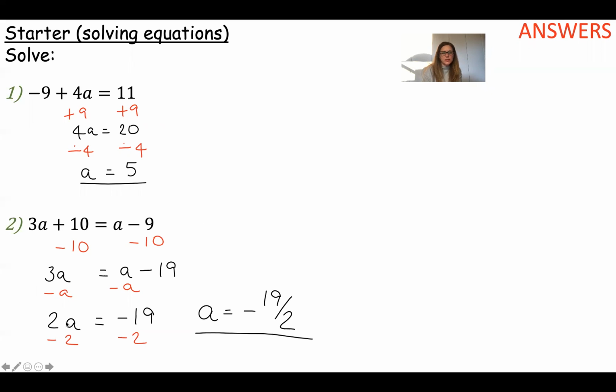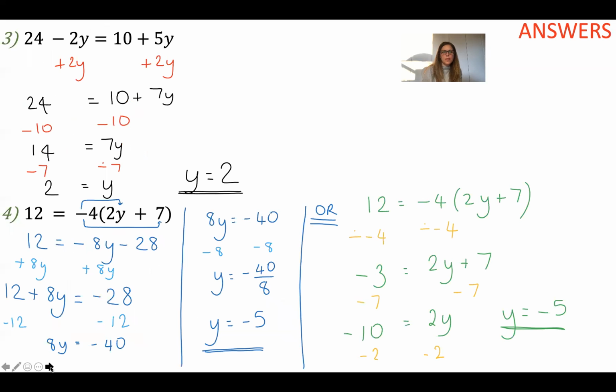That's going to give me 2a equals negative 19. And again, apologies, this is a divide sign. It's not come up clearly on the screen. We're dividing both sides by 2 because we've got 2a. We want half of 2a, which is just a, is negative 19 divided by 2. It's absolutely fine to leave that as an improper fraction. You do not need to convert it into a mixed number.